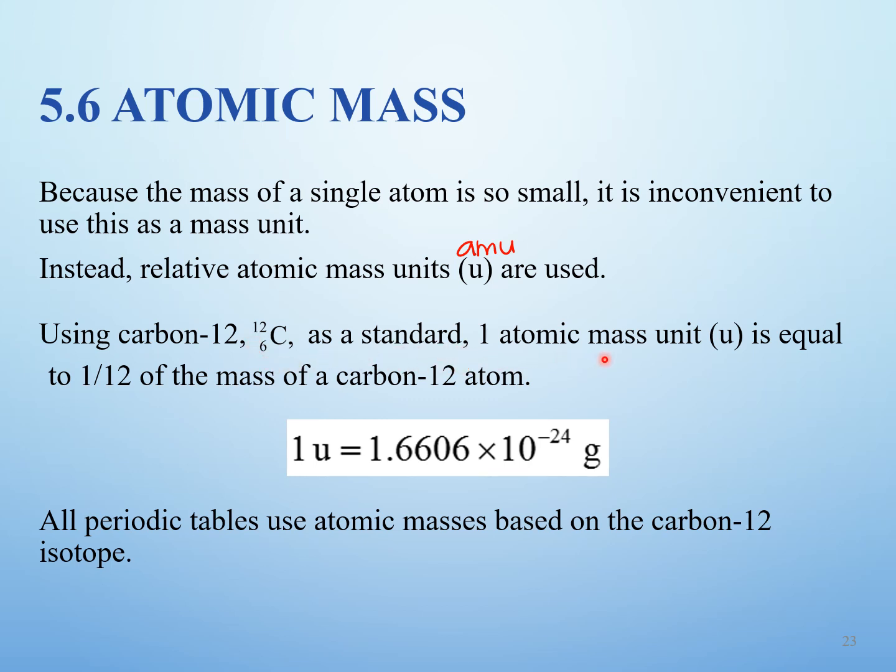So one atomic mass unit is equal to 1/12 of the mass of a carbon-12 atom. So they took this carbon-12 mass divided by 12 and they get this number, which is pretty darn close to the mass of a proton or a neutron. The whole entire periodic table uses atomic mass based on the carbon-12 isotope. So if we say 1 AMU, it's just 1/12 of the carbon-12 number.